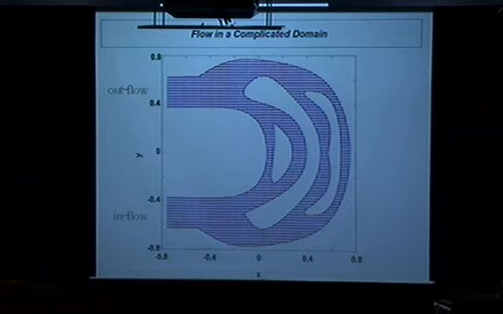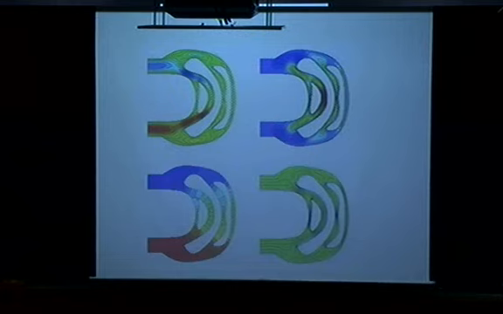So there's inflow here, there's outflow here. Then what happens in this case? This is U velocity here. There are strong velocities put into this spot, and then it flows out at the outlet here.